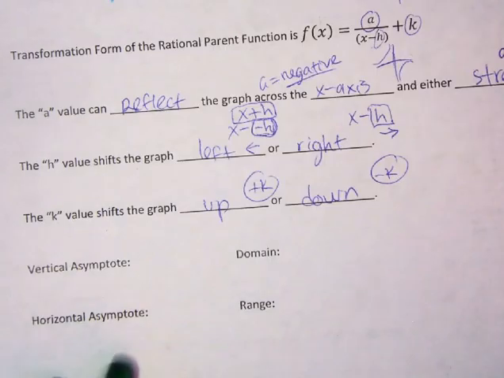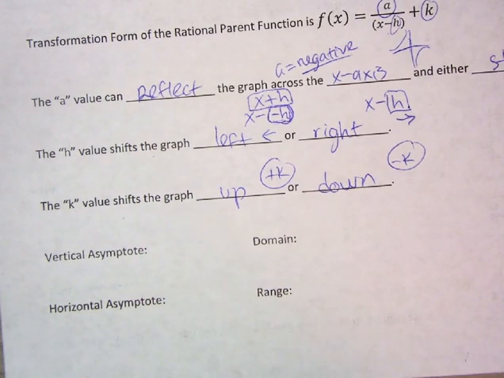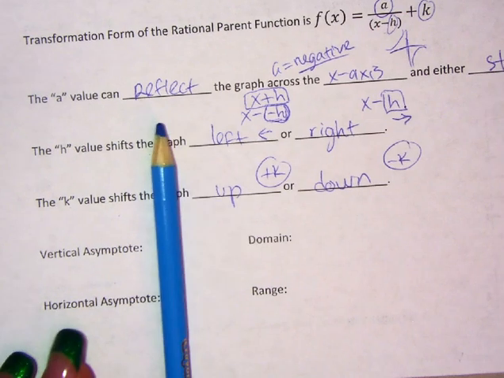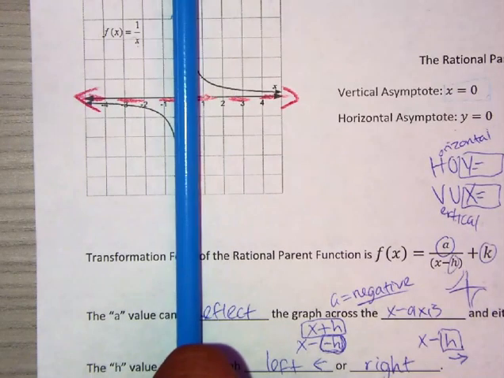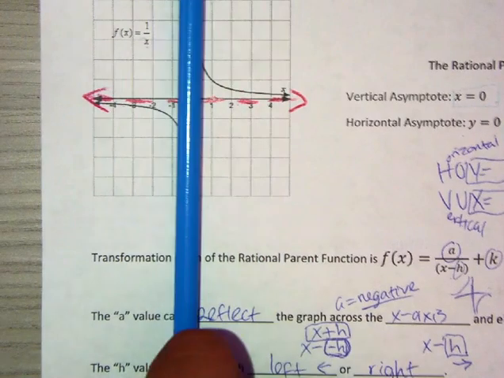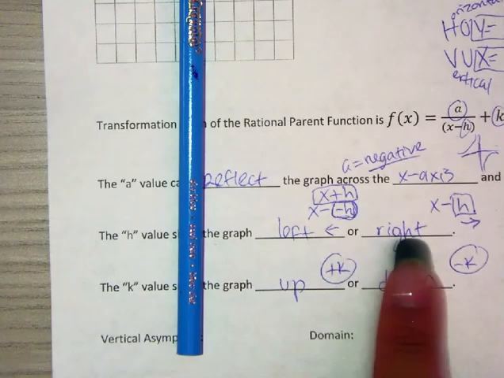These are important to recall whenever you're using the asymptotes, because the vertical asymptote will shift whenever the graph shifts to the left or right. The one that moves left or right is the h value.